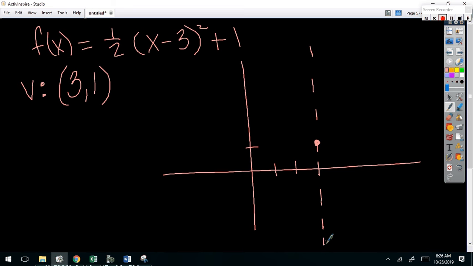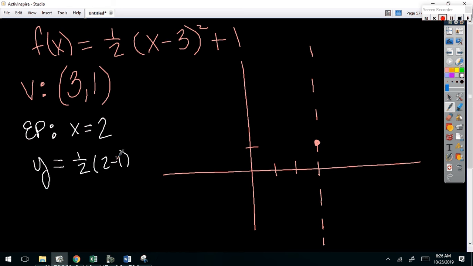Now what? Well, for this one, you need to do an easy point. 1 over from there. You could, standard form 0 is the easiest, but since I'm in vertex form, I'm going to just go 1 over. I'm going to let x be 2. When x is 2, what does y become? 2 minus 3 is -1, but squared becomes +1.